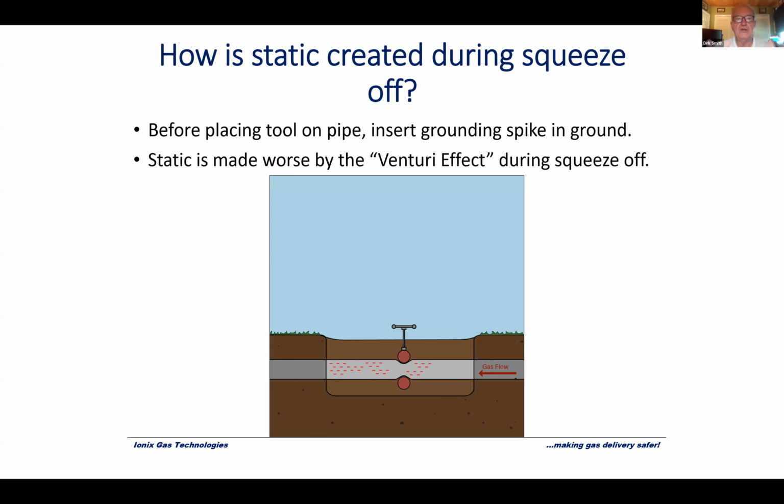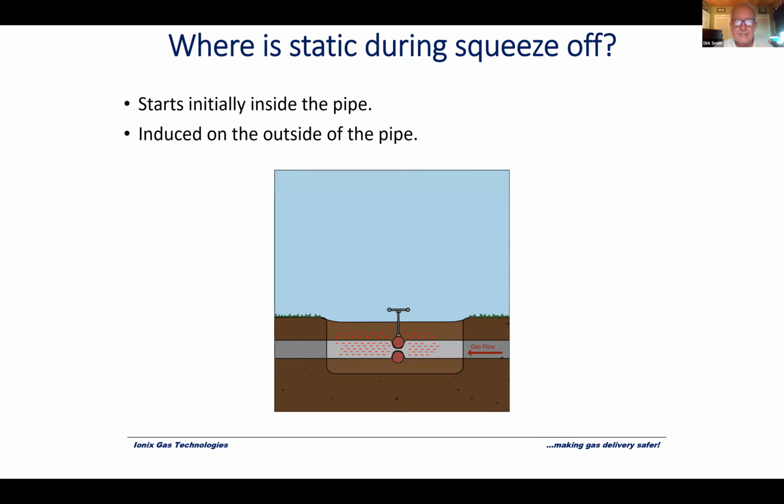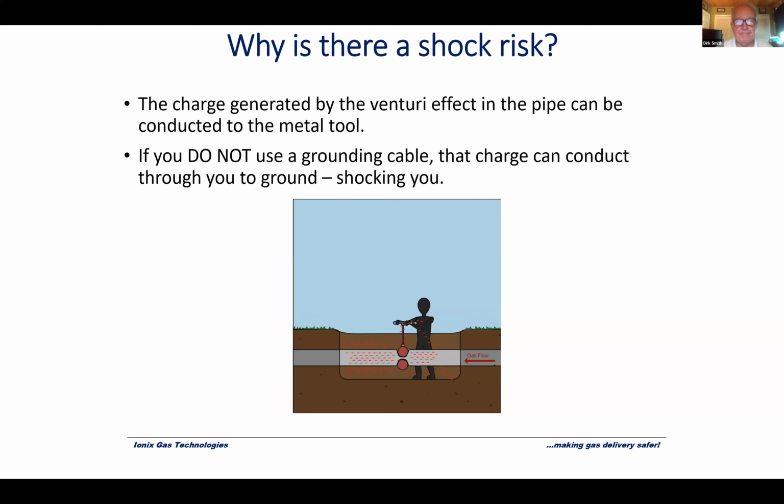And that's why you always want to ground your tools, put your grounding spike in the ground before you place the tool on the pipe. And what happens is, as you start to reduce that flow, the static starts initially on the inside of the pipe, but now that inside static is going to induce a charge on the outside of the pipe.